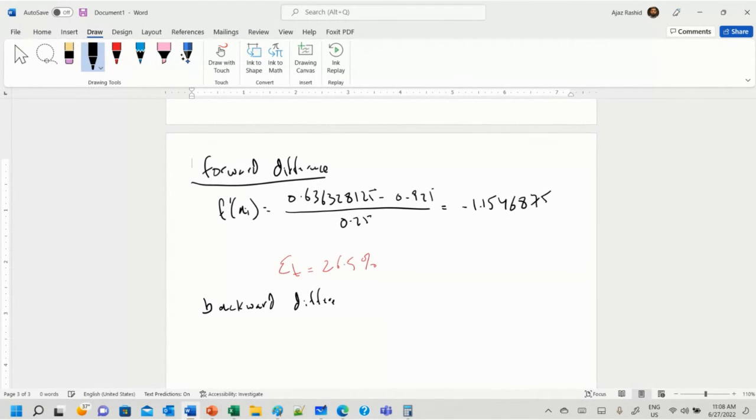Backward difference. Again, we expect the error to be reduced by half because we have reduced the step size by half.